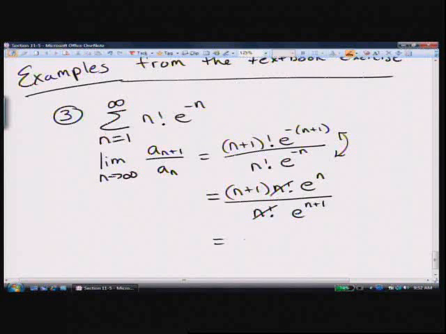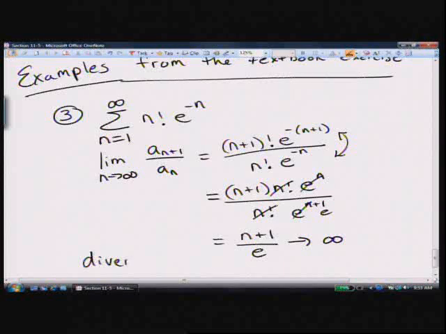Yes, I will have an e to the n and an e to the n times an e, right? So the e to the n cancels, and I'll have an e left, e to the 1, kind of. So I have n plus 1 divided by e. Okay? So what is that limit? Where does that go? That goes to infinity. And so we now know that this series diverges. Okay?